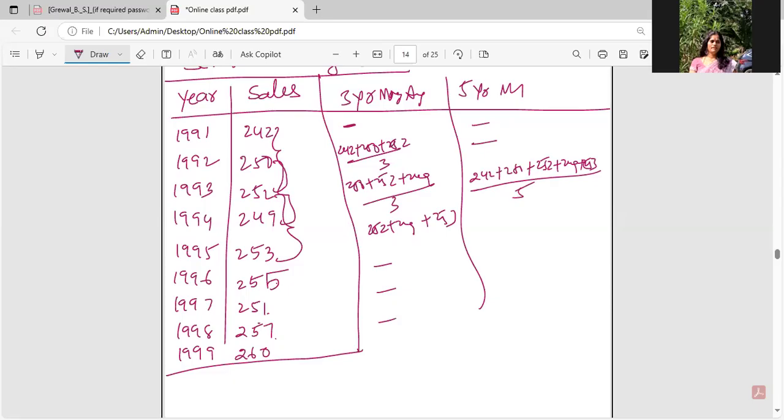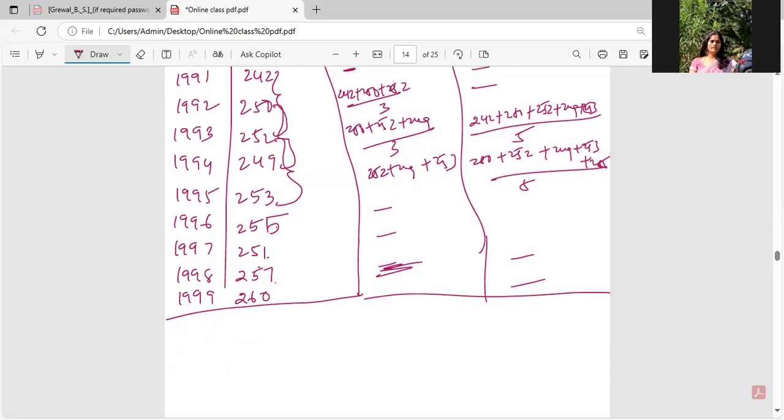Next, how will it be? I'll show, and probably I can just stop here. You will get an idea. 250 plus 252 plus 249 plus 253 plus 255 by 5. I'll take like that. Again, the last 2 values will be blanks. Here, the last 1 value would be blank. Same thing again.